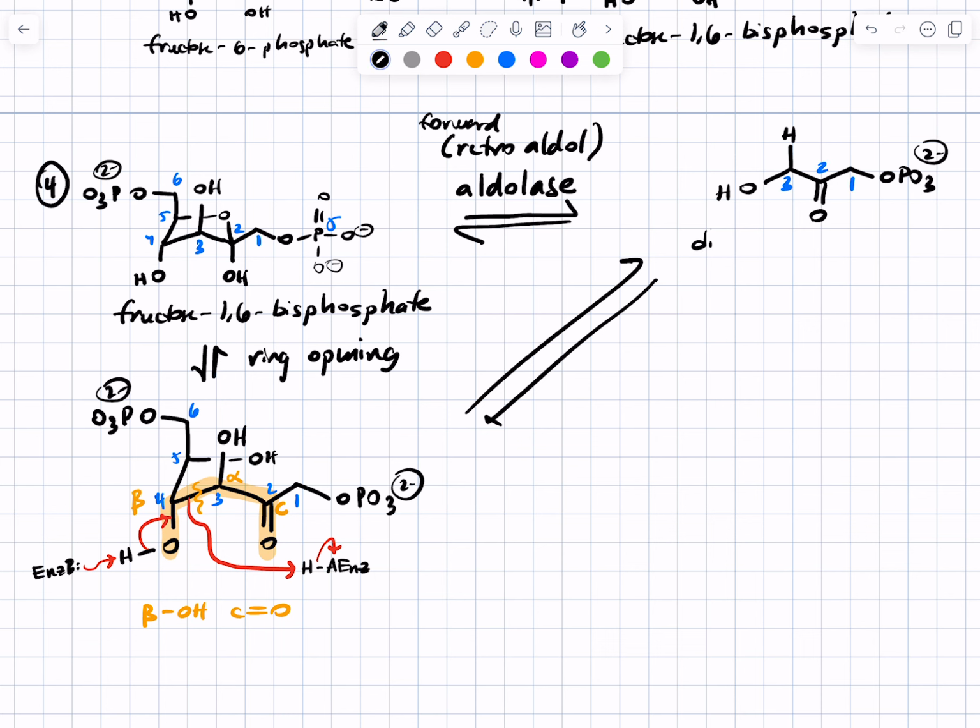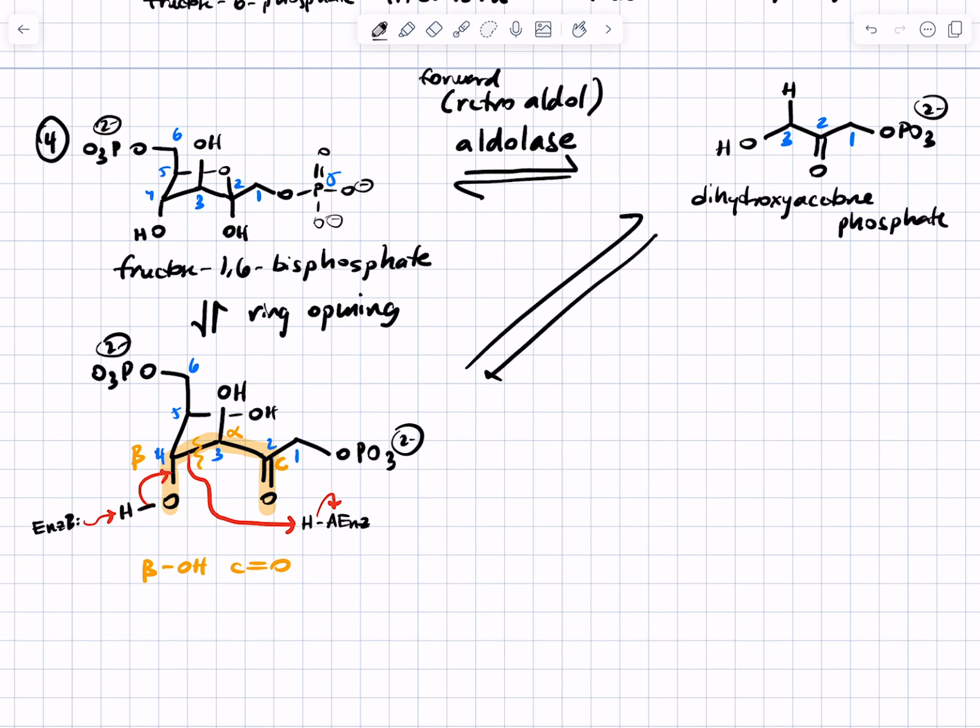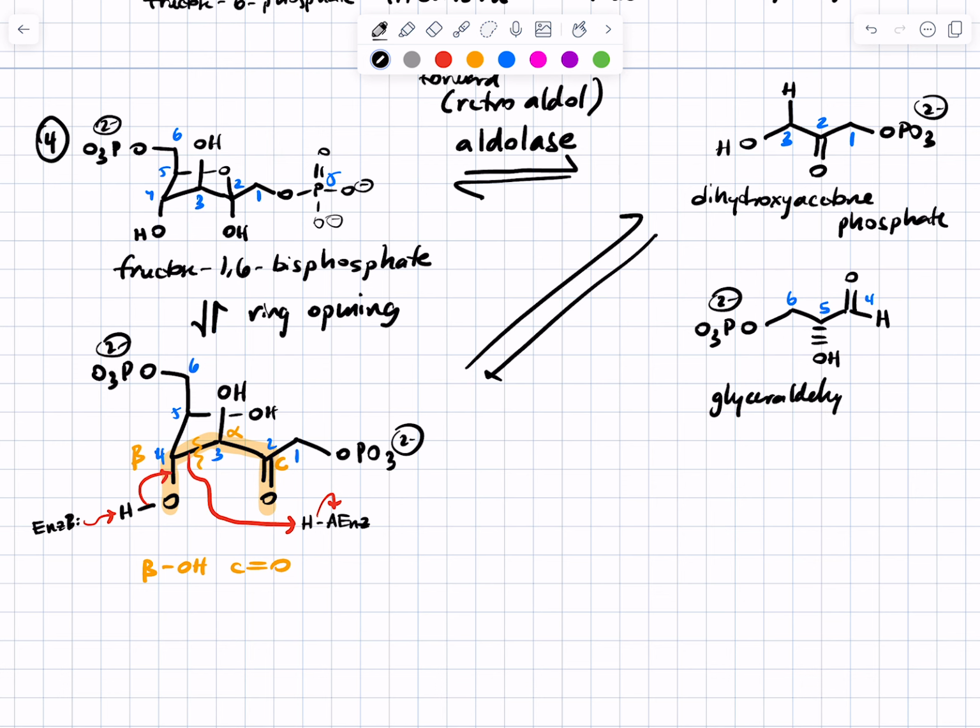And this molecule is called dihydroxyacetone phosphate. And then the remaining carbons, C4, 5, and 6, are going to be this aldehyde. I'll continue to number them here, 4, 5, and 6, with a phosphate group on C6. And this is called glyceraldehyde 3-phosphate.